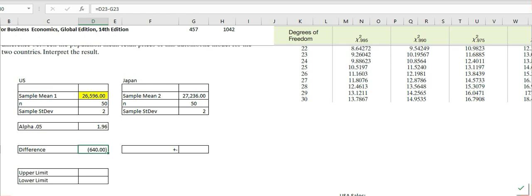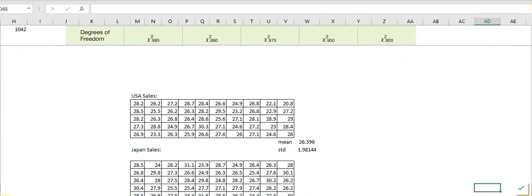Let's change this one to general. So this one here is just expressed as 28.2, but the true price is around 28 thousand dollars.